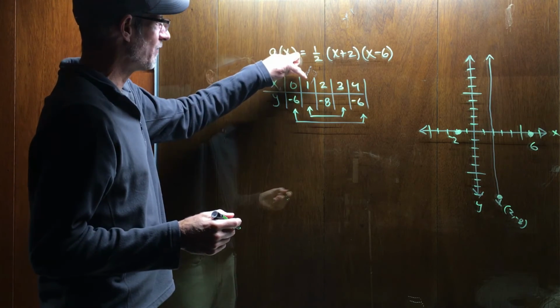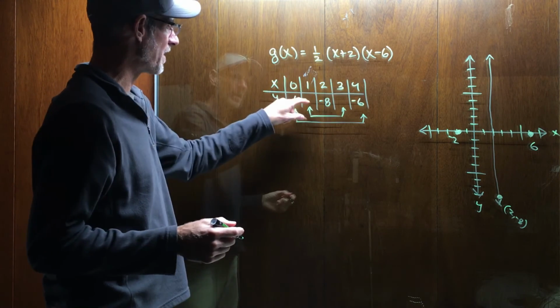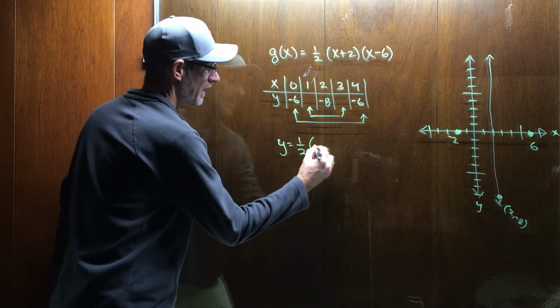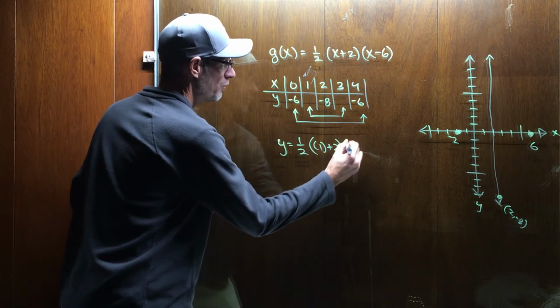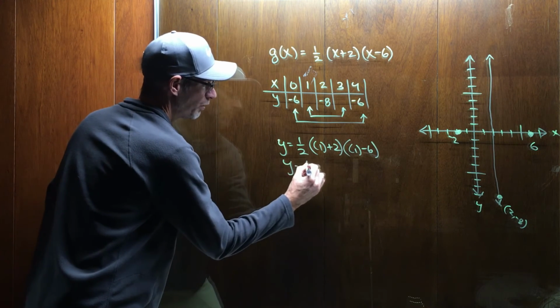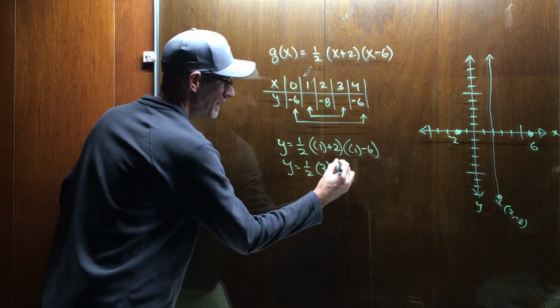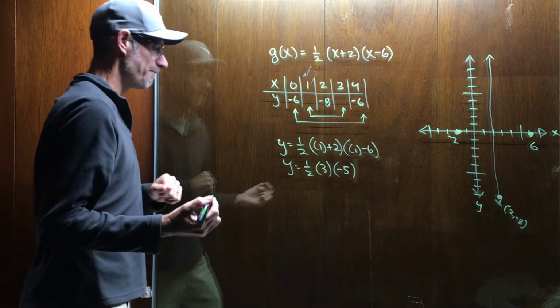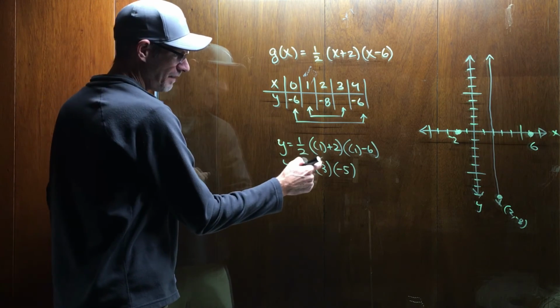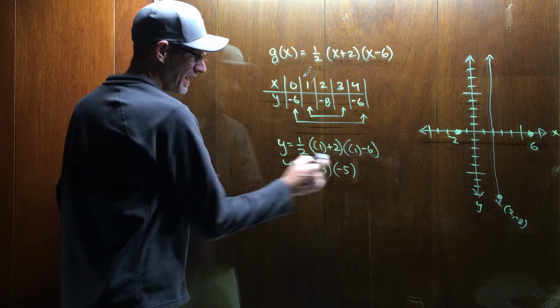Now I'm going to put positive 1 in for my x value, and I'm going to find my y value. So I have y equals 1/2 times (1 plus 2) times (1 minus 6). So I have y equals 1/2 times 3 times negative 5.